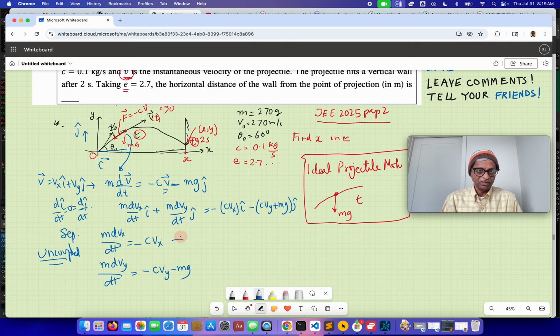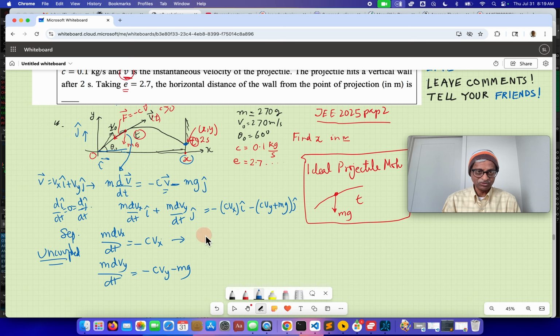So because I just need to find x and don't need to find y where it hit the wall, we can just work with this one. It's very easy to solve, and you should have solved this many times before coming to this class.